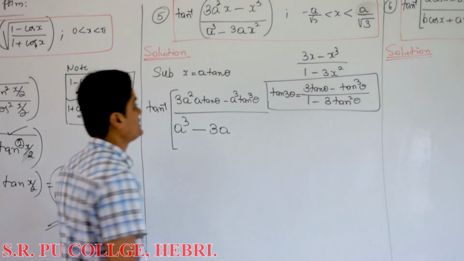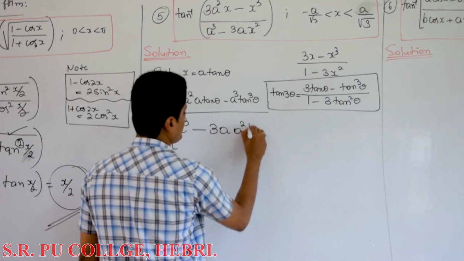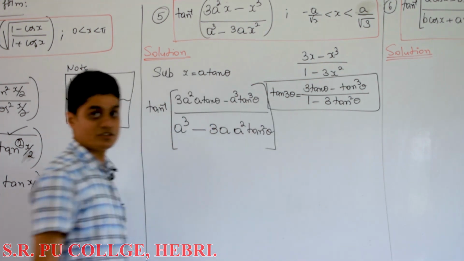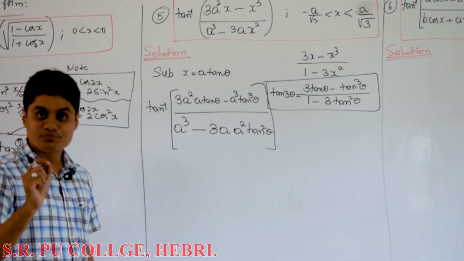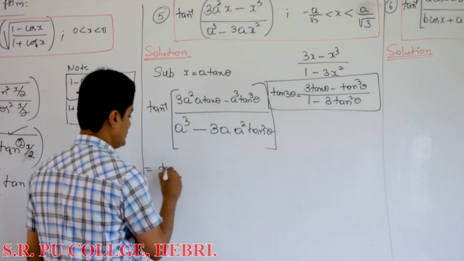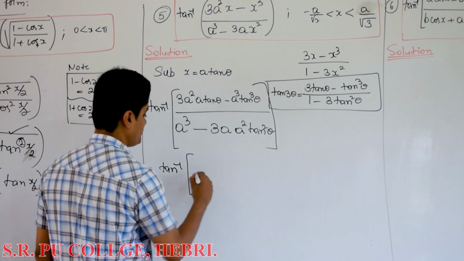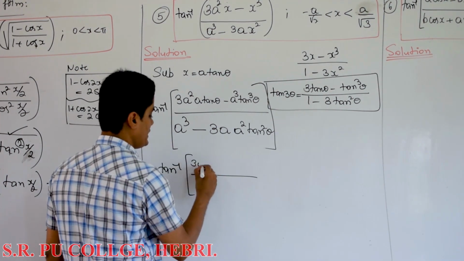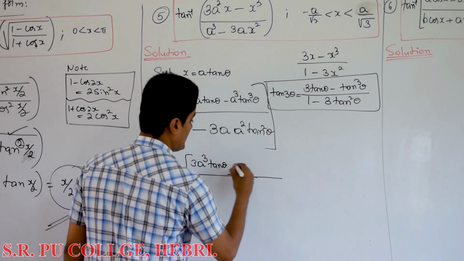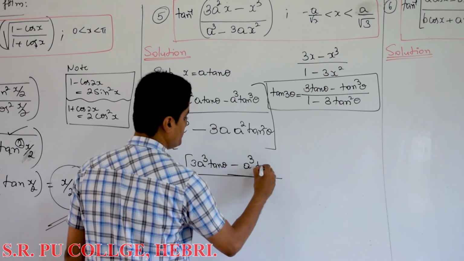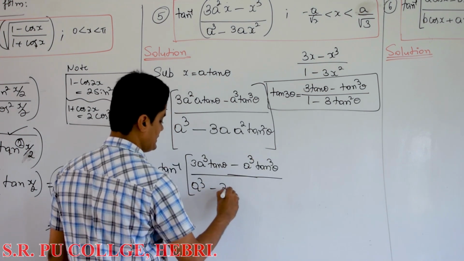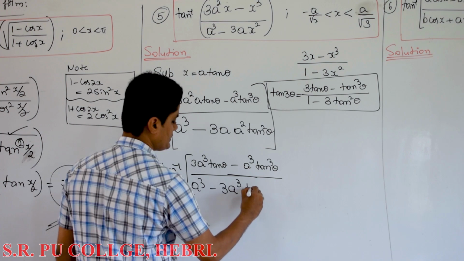So what is x square? A square tan square theta. I hope you understood. Be careful, substitute for x, not for a. So this is equal to tan inverse of 3a cube tan theta minus a cube tan cube theta, a cube minus 3a cube tan square theta.